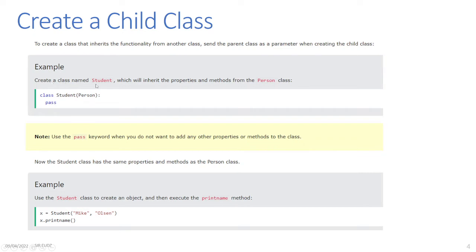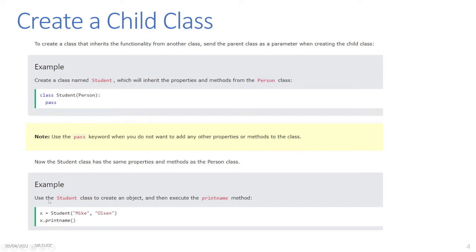So create a class named Student which will inherit the properties and methods from the Person class. Use the pass keyword when you do not want to add any other properties or methods to the class, so that this will not cause an error. So now the Student class has the same properties and methods as the Person class.